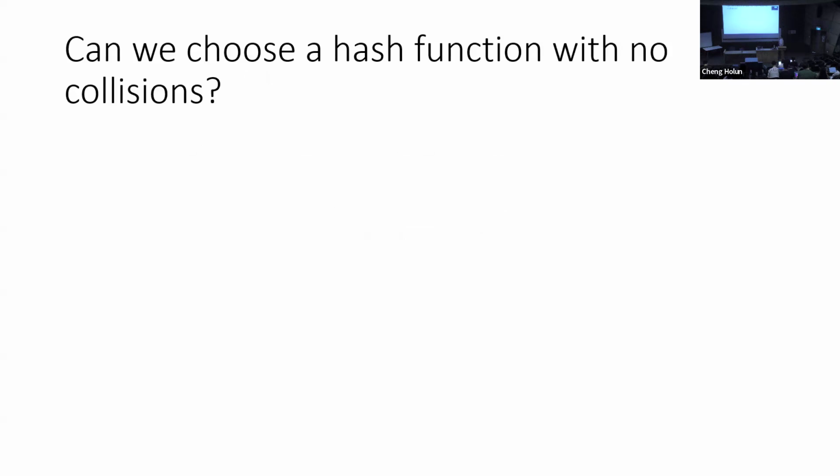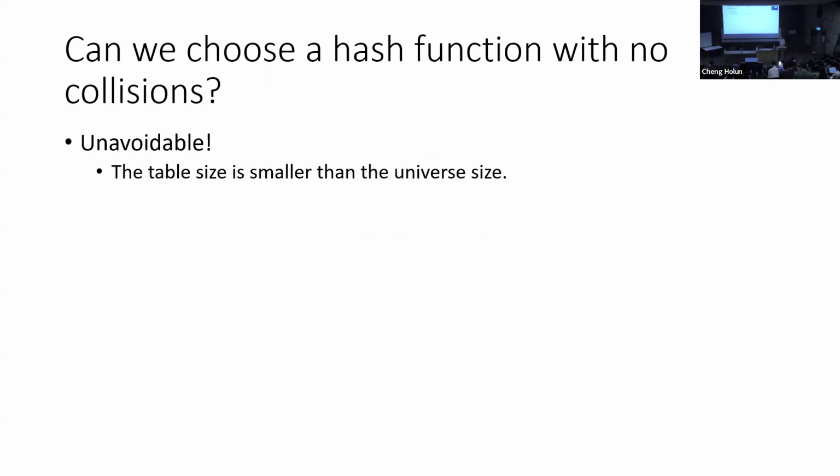How do we choose? Can we try to choose a hash function that does not cause a collision? It's impossible, unavoidable. No matter how good you are, you can reduce the chance, but it's hard. It's actually going into the realm of math.